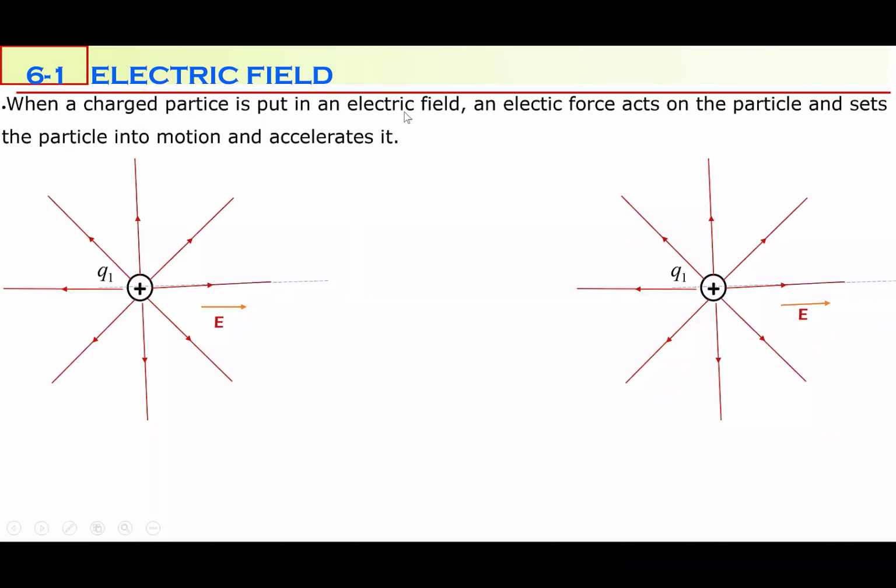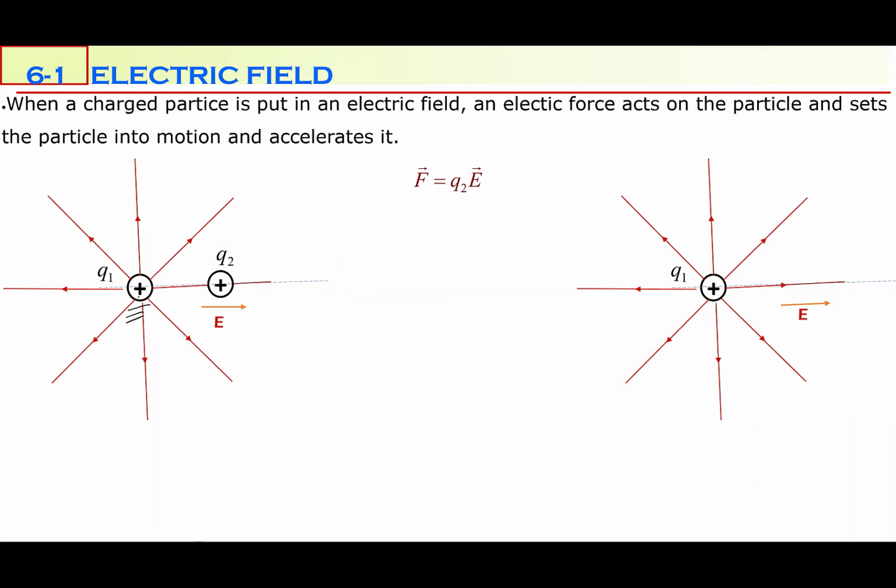When a charged particle is put in an electric field, an electric force acts on the particle, sets it into motion and accelerates it. Now you see here two electric fields. One electric field is on the left. A positive charge produces an electric field outward. We just learned that. When we put an electric charge inside this field, this charge experiences a force.